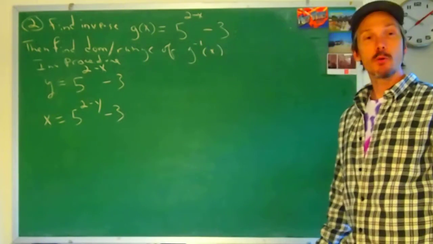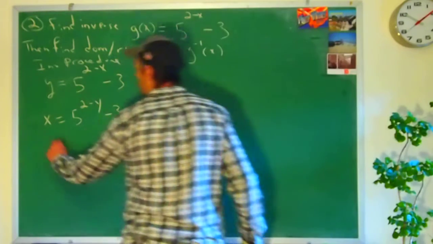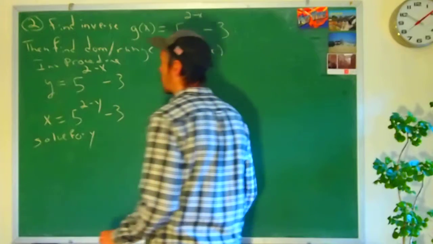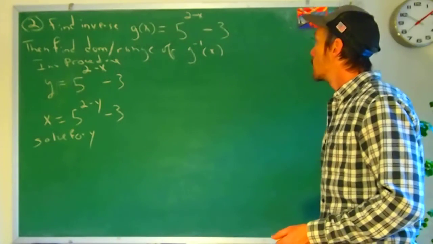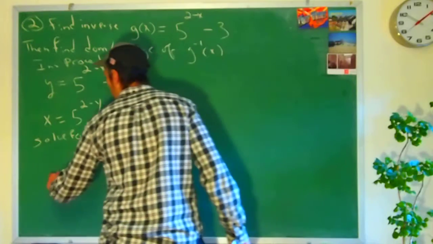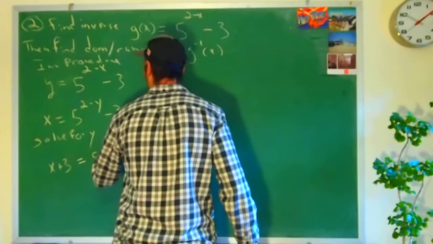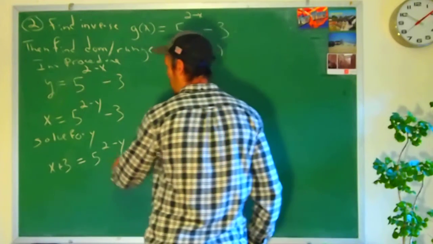Right? And now we want to solve that for y. Okay. And so that means that we're going to move the 3 to the other side. Then I'm going to take the natural log of both sides of this equation.